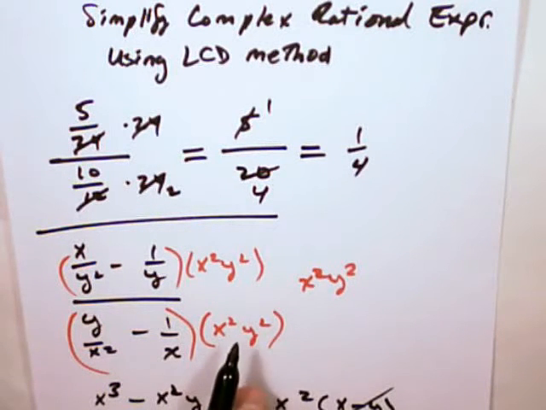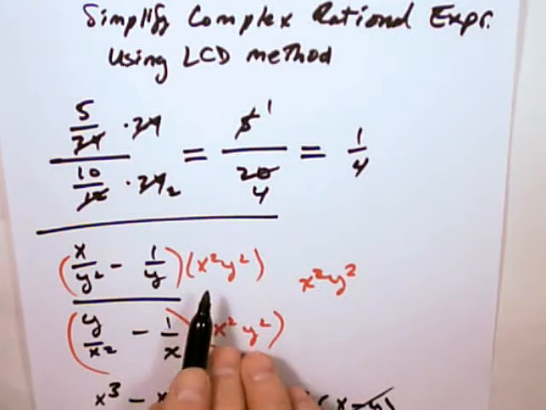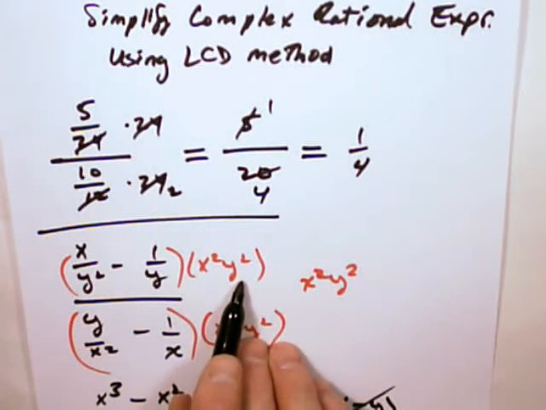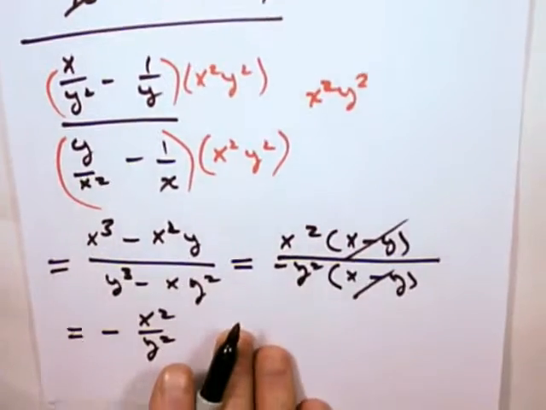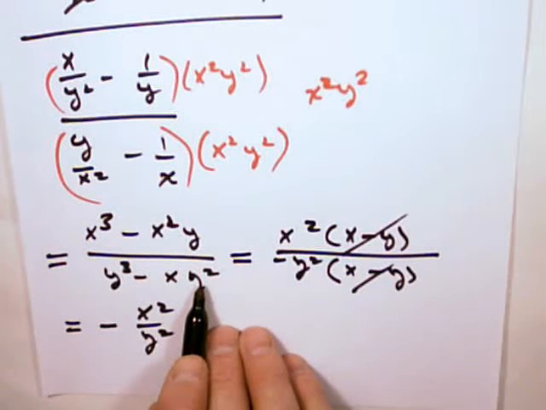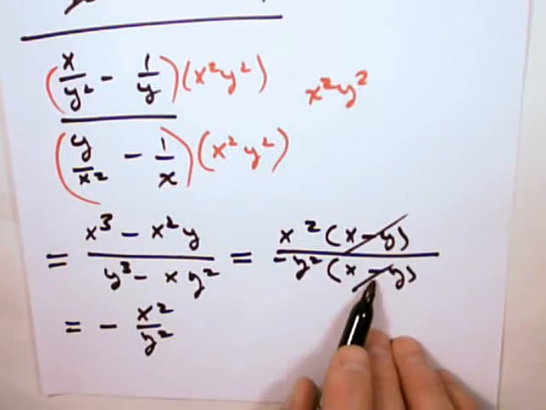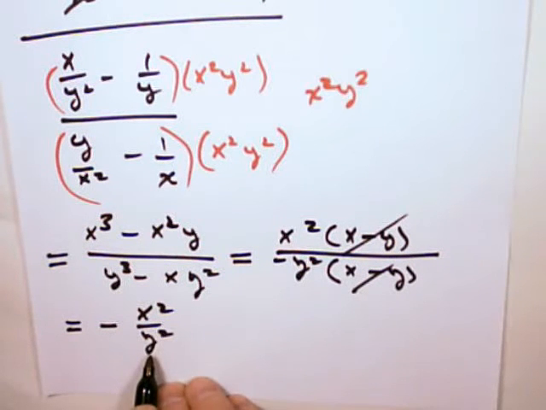Exactly what we did over here when we were talking about our rational expression, except of course the least common denominator got a little bit more complex, and we had to do some algebraic manipulations to get it simpler. But we used the same methodology, ended up factoring out things, canceled them, and simplified to write up our final answer.